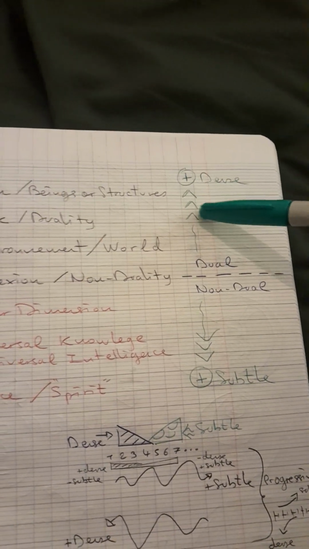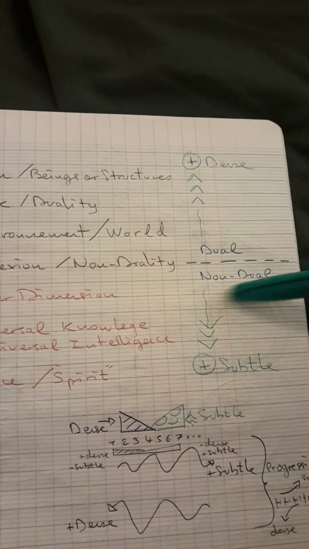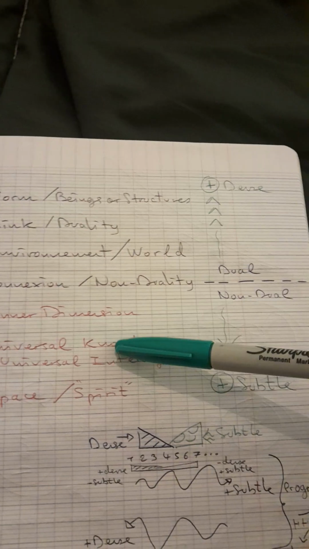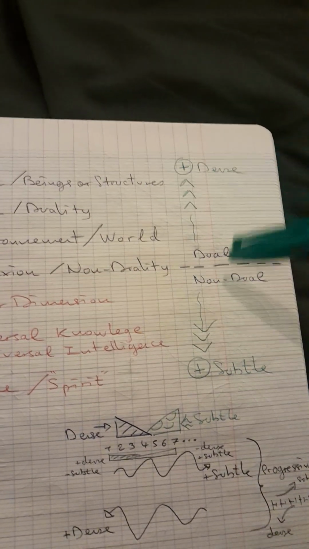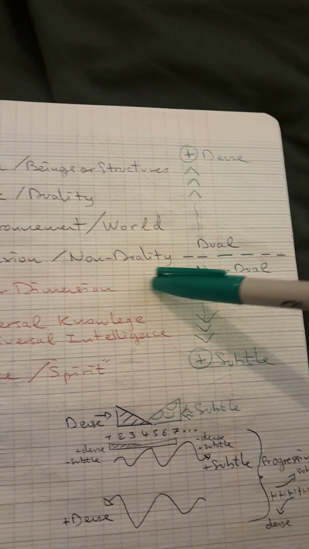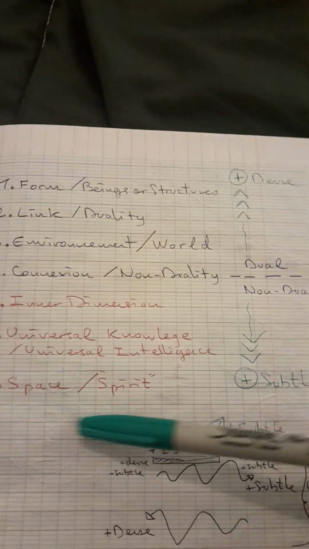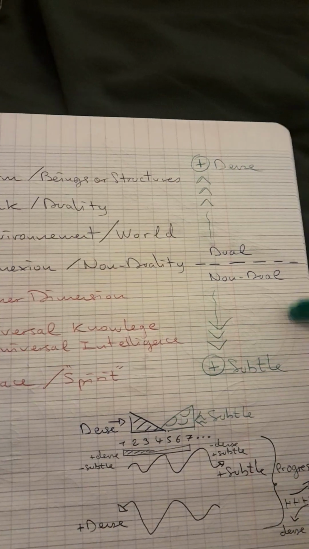You understand me? Spirit is non-dual. Inner dimension is non-dual. This is the creator itself having a seat in this reality. Universal knowledge, it's the same. Spirit, it's the same. Those are non-dual.